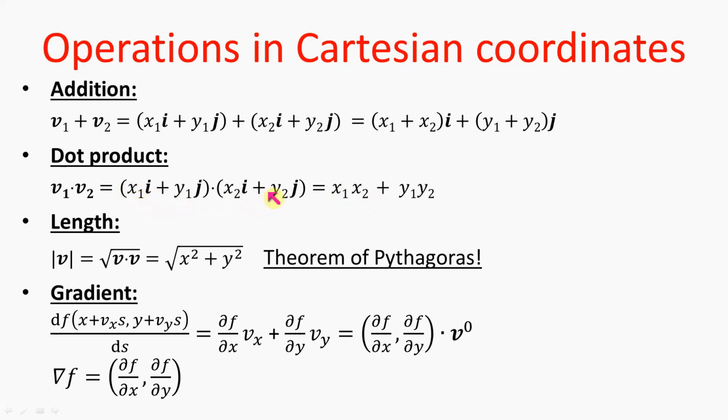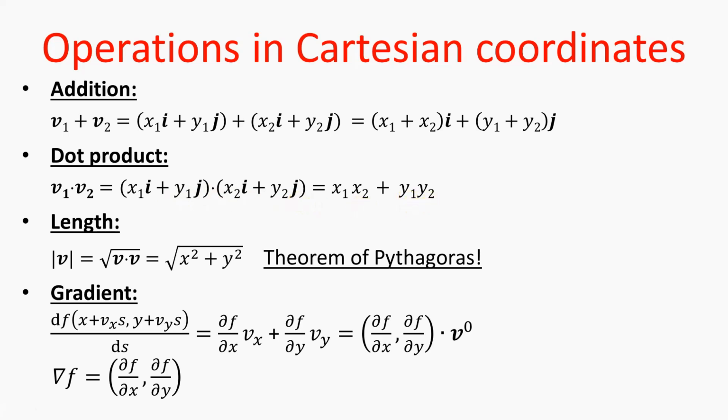Then x1, y2, i dot j is 0, so this term doesn't show up in the result. y1, x2 times j dot i is again 0, so we can ignore it. And finally, y1, y2, j dot j is 1, so we will have y1, y2 in the result.